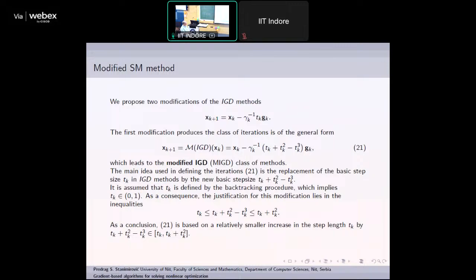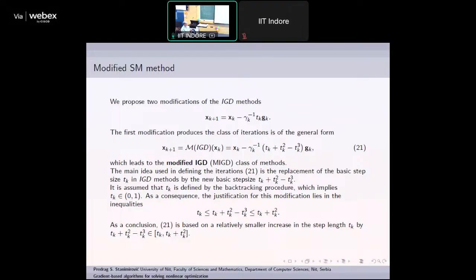And if we use this expression, we will increase the step size. The increase here is greater than or equal to with respect to TK.